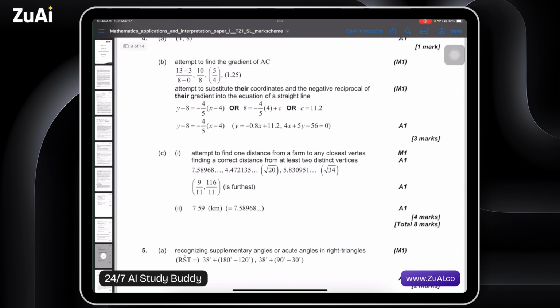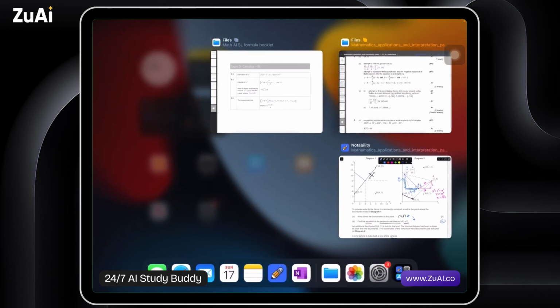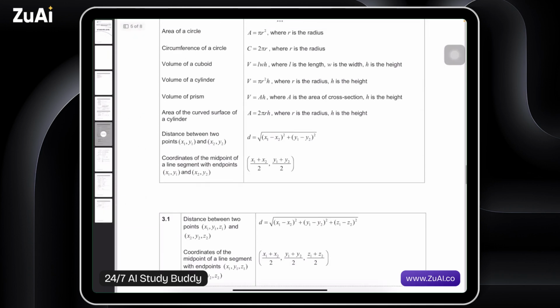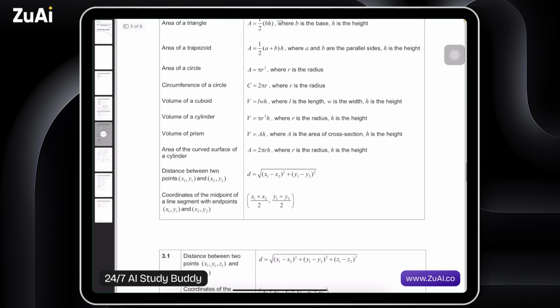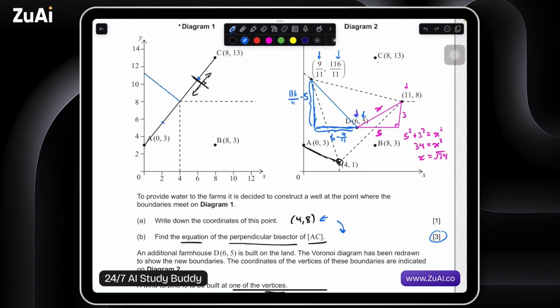Essentially, it's just messy decimals, and it's us using the distance formula. Here's our distance between 2 points: x1 minus x2 squared plus y1 minus y2 squared, and then take the square root of all that. There's no getting around these kind of messy decimals.